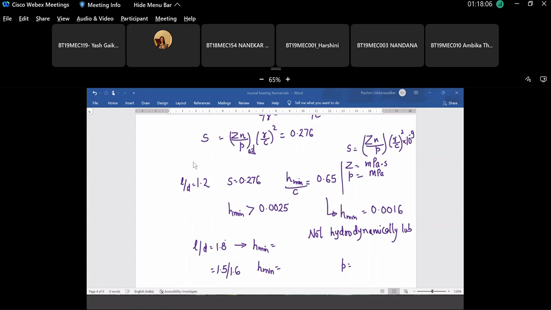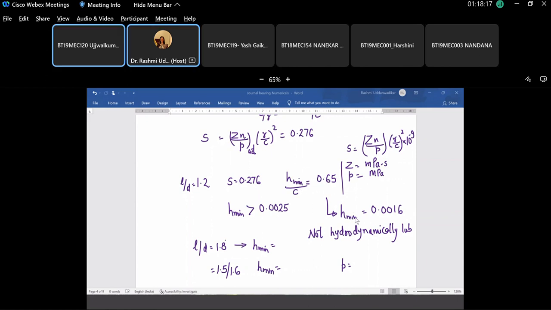Ma'am, the calculated value is coming 0.01625. For H minimum? Yes, ma'am. Previous one was 0.0016, so this is much higher. Then this is much higher than H minimum. It is higher than desirable also.